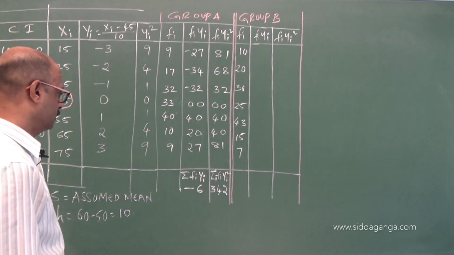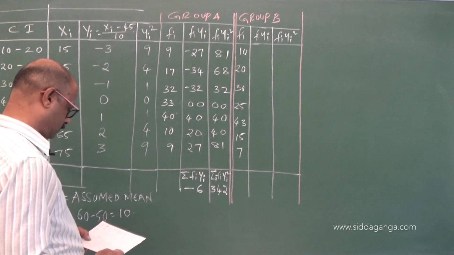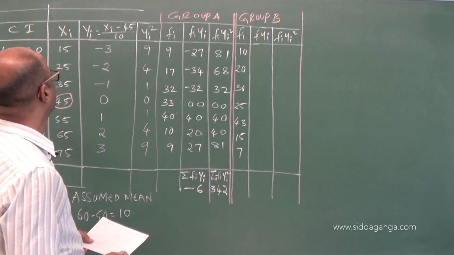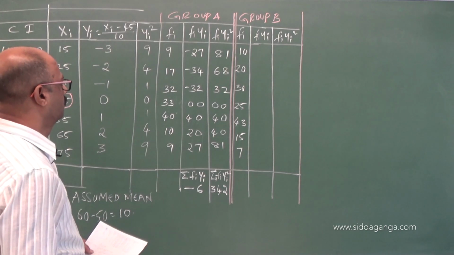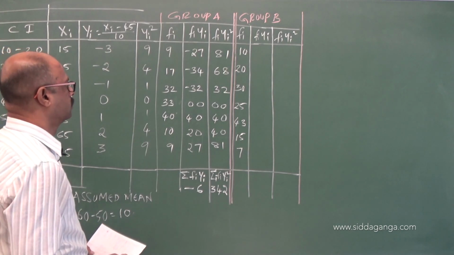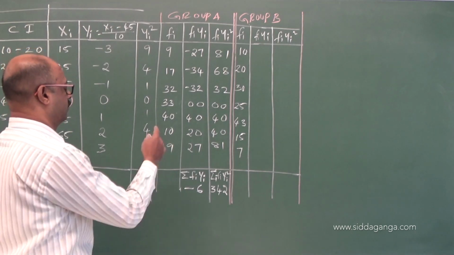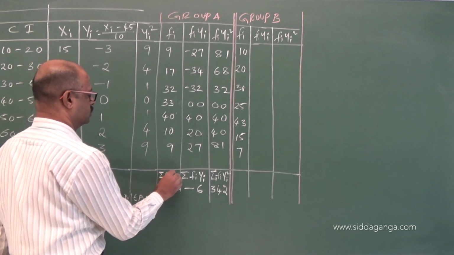For group A, frequencies sigma f, which is equal to n.